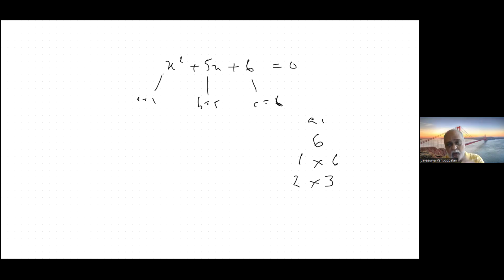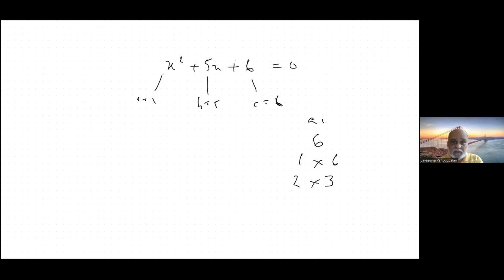If C is minus, then one will be positive and another negative. That means if C is positive, the two terms will add up. So here, I can't have 1 and minus 6 because they need to add up.